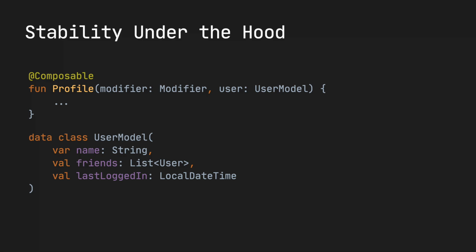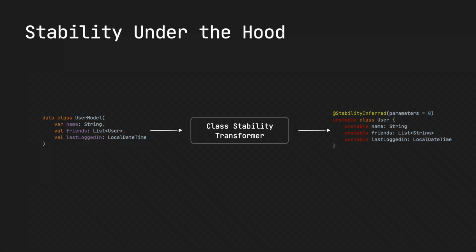So in this example, when the class stability transformer is going to get this type, there's a visitor method called visitIrClass, and in there it's going to utilize something called the StabilityInferencer that we'll look at.